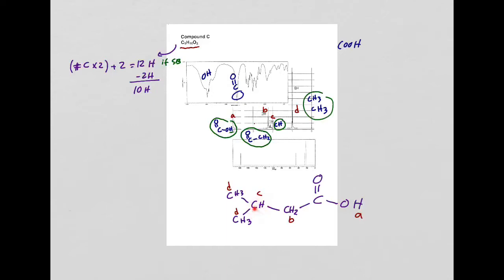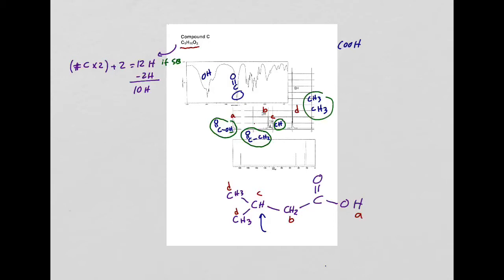Now, this CH, I know is attached to a CH2. I have 2 CH3 to account for. It's probably attached to those 2 CH3s. Now, let's see if the splitting makes sense. If I'm looking at the splitting for this one, it's a mess, isn't it?